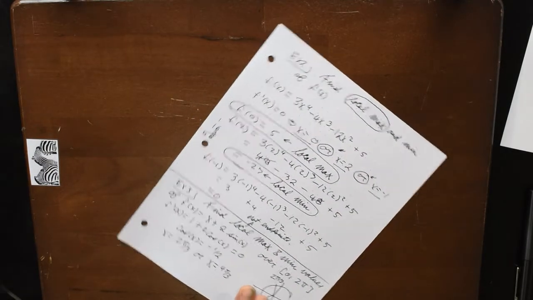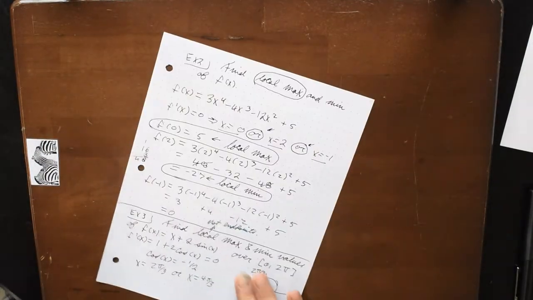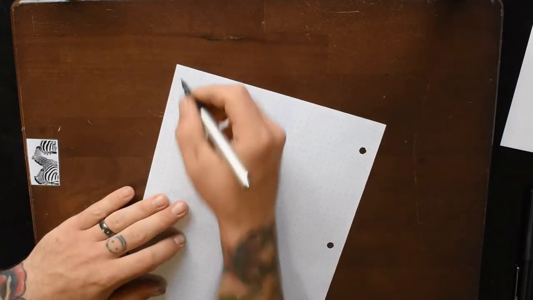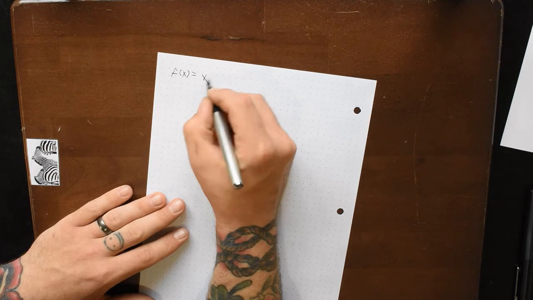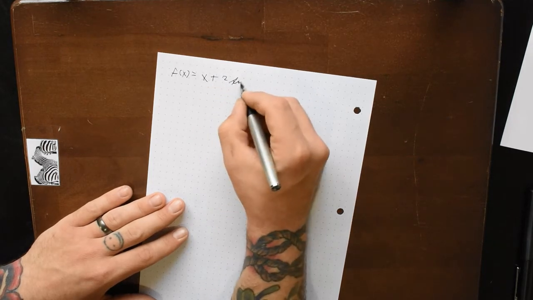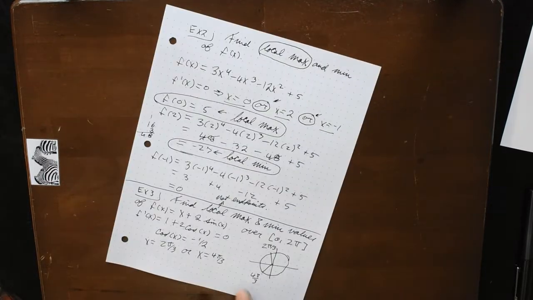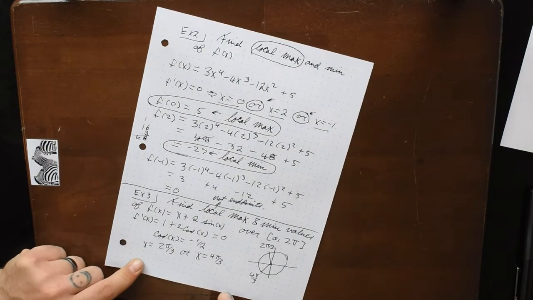Put that over there. And we have a backside. So I'm just going to write f of x is equal to x plus 2 sine of x. So we want to figure out which one is the local max and which one is the local min.